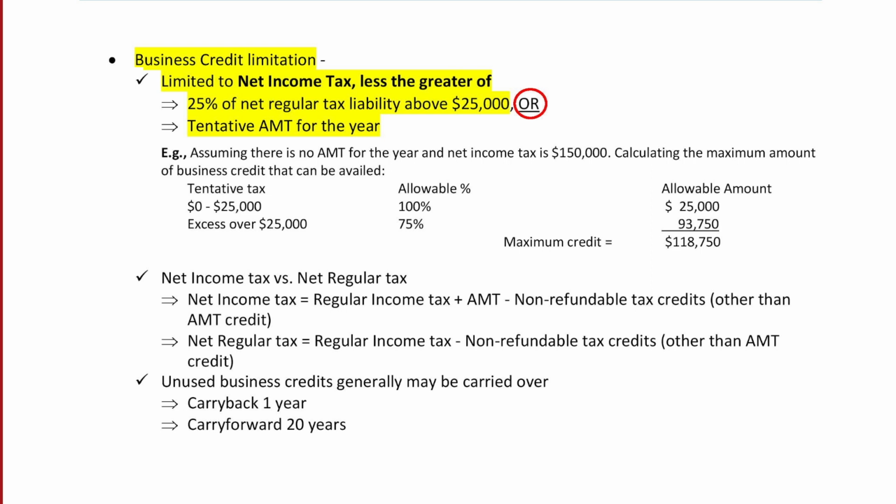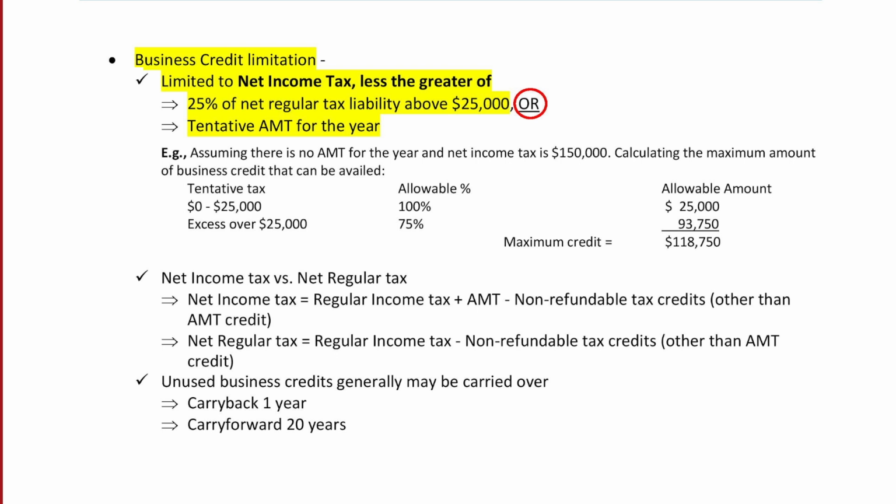Calculate the maximum amount of business credit that can be availed. For the first $25,000 of tax liability, allowable business credit is 100%. That's $25,000.